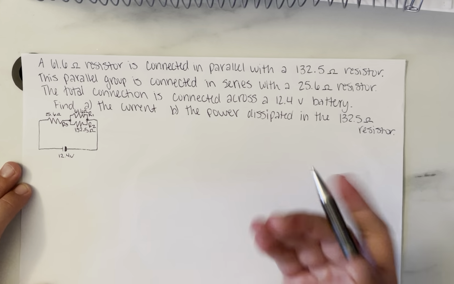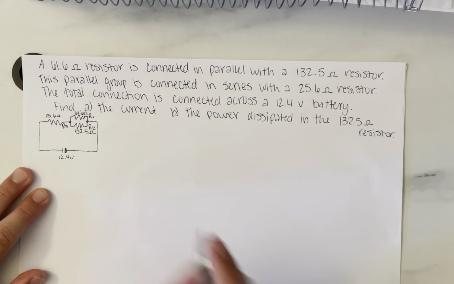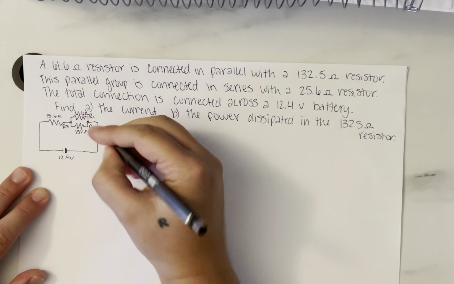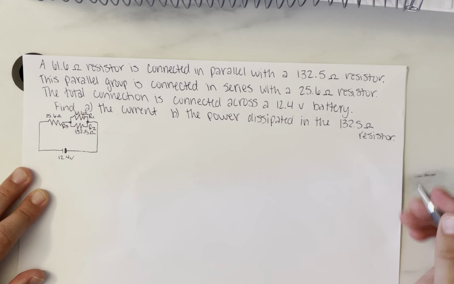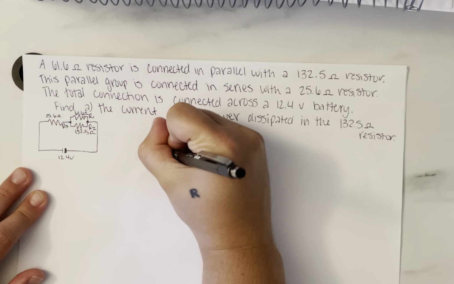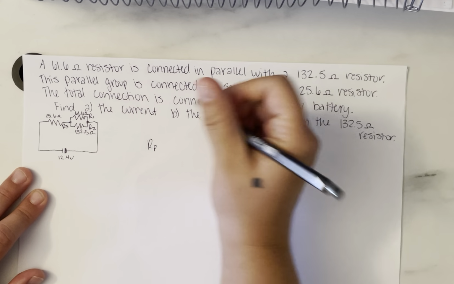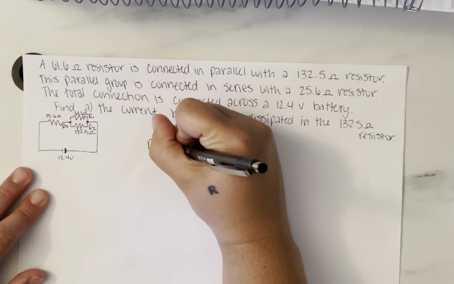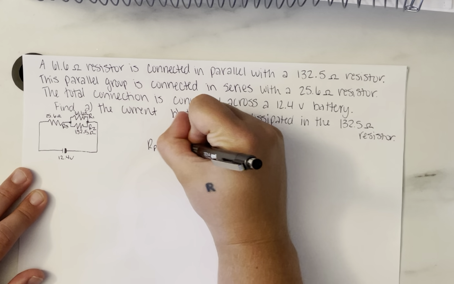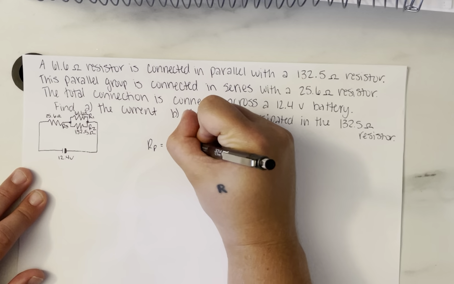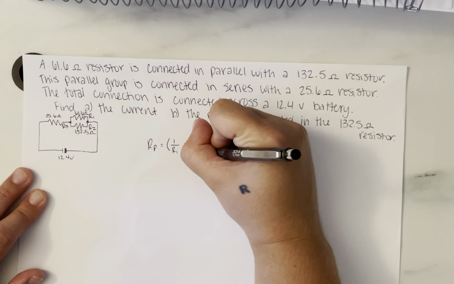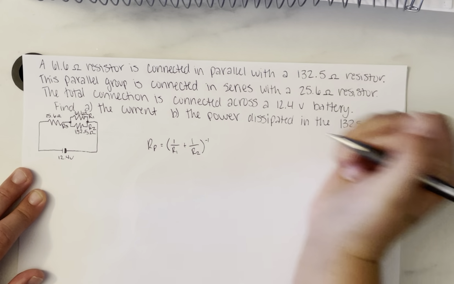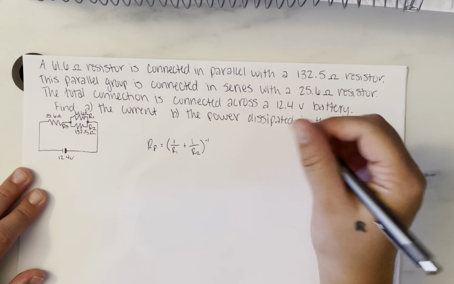So we're going to be calculating the equivalent resistance of the parallel. So that's going to be R1 and R2 here. So RP is the resistance of the parallel. It's going to equal (1 over R1 plus 1 over R2) to the negative 1.